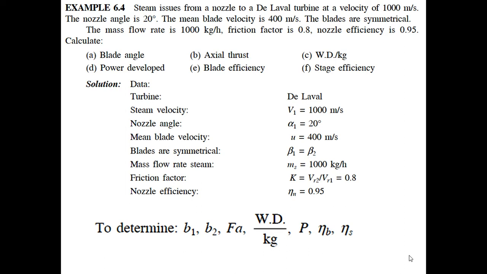So see here, steam issues from a nozzle to a De Laval turbine, which means it is an impulse turbine, at a velocity of 1000 meter per second. So for 1000, what scale will you take now?